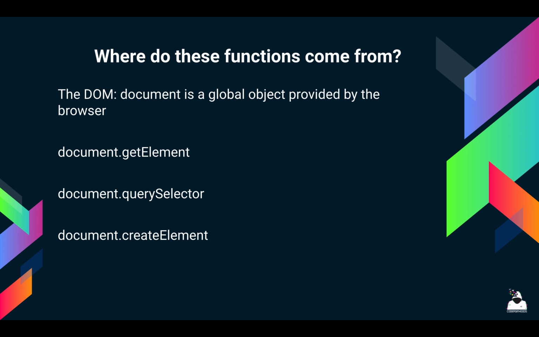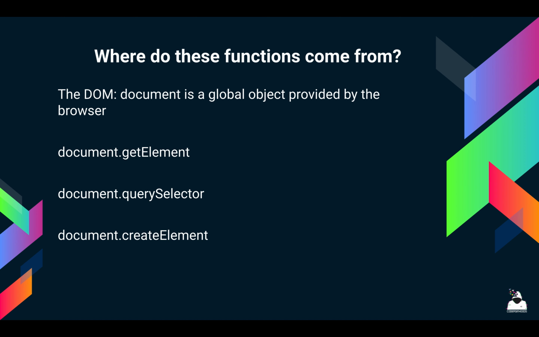So these functions come from the DOM. So document is a sort of representation of the DOM, and the browser gives us access to the DOM through a global variable, a global object that is called document.